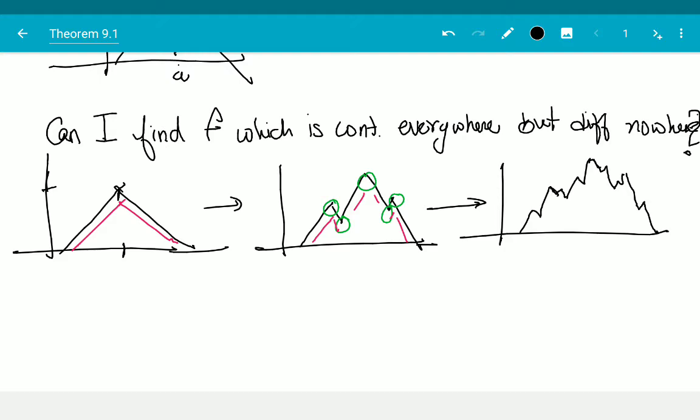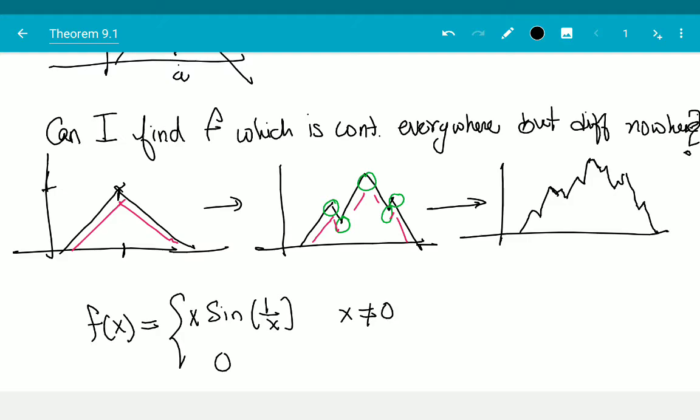But this exact function is hard to draw, and writing a good form of this function is really hard. We can make functions oscillate pretty nicely with functions like f of x is equal to x sine 1 over x for x not equal to 0, and 0 at x equal to 0.